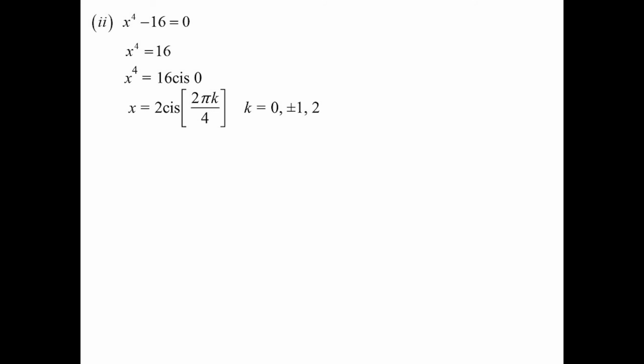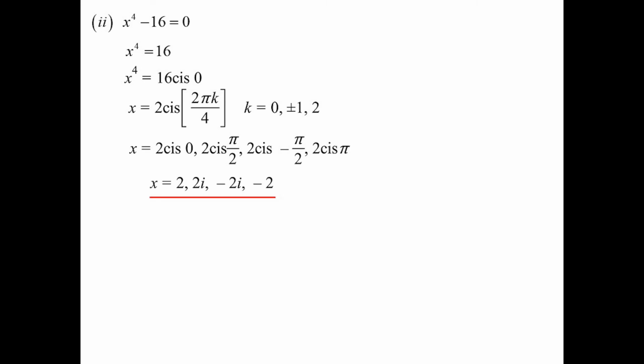I mean, I could have done negative 2. It doesn't really matter which one I pick, because I'm just looking for, in this case, 4 consecutive numbers. So that gives me 2 cis 0, 2 cis pi on 2, 2 cis minus pi on 2, and 2 cis pi. And they're all nice and easy ones to find out, because they're all on either the x or the y axis. So we've got 2, 2i, minus 2i, and minus 2.